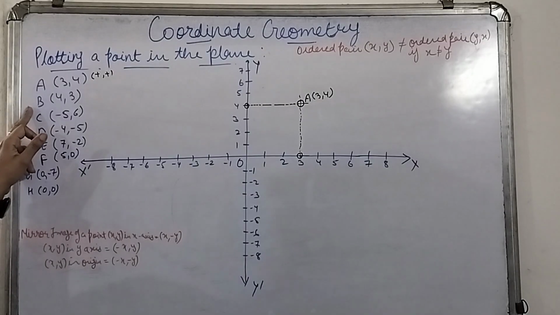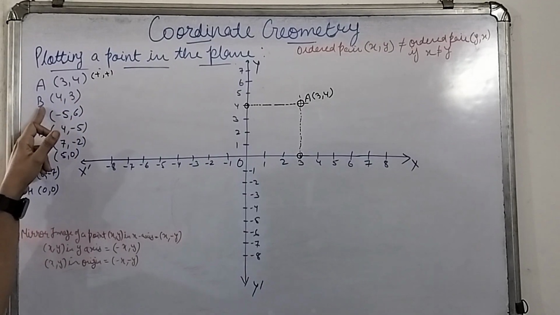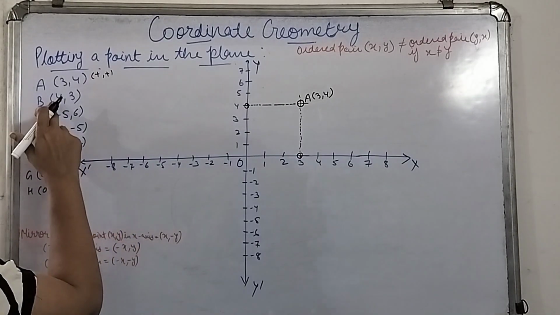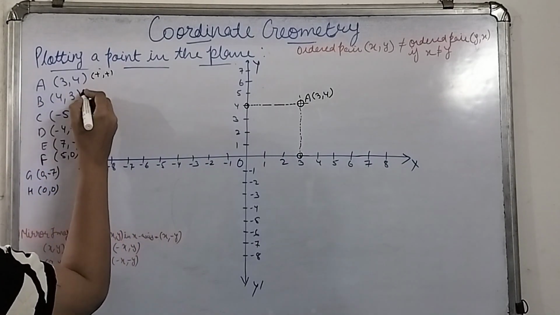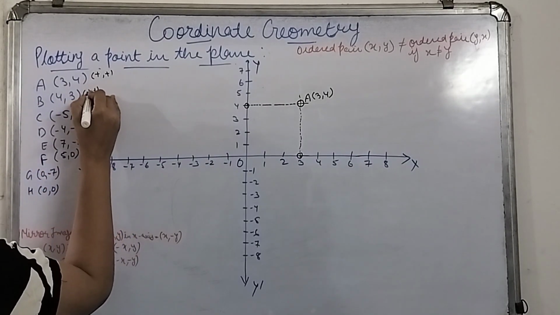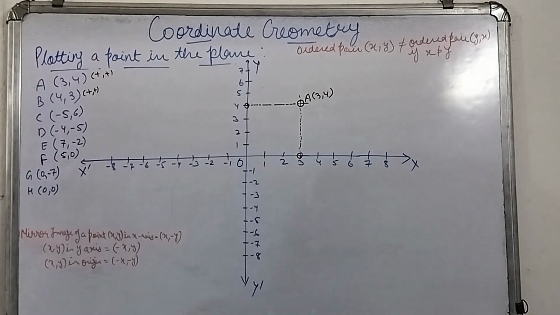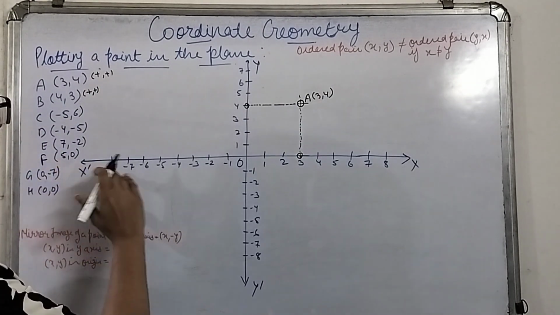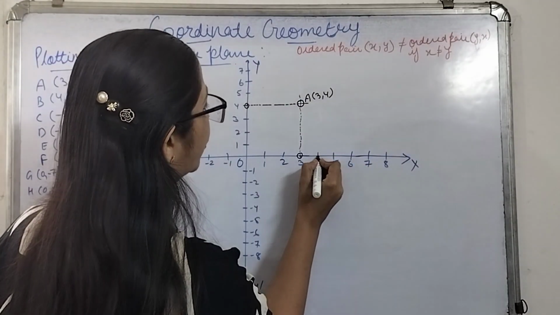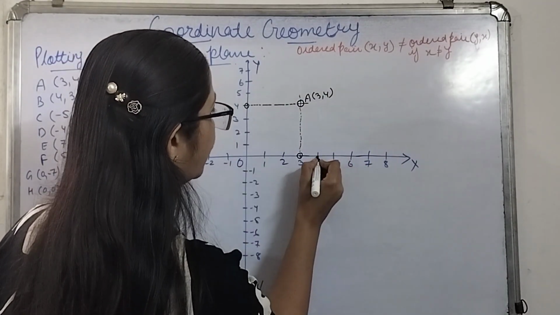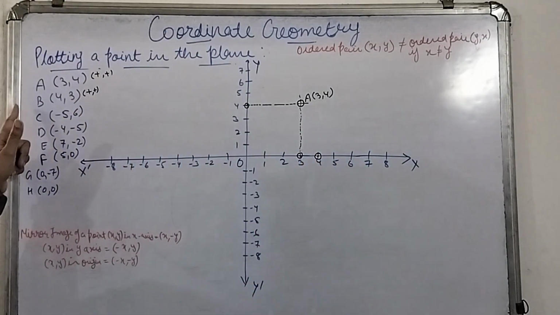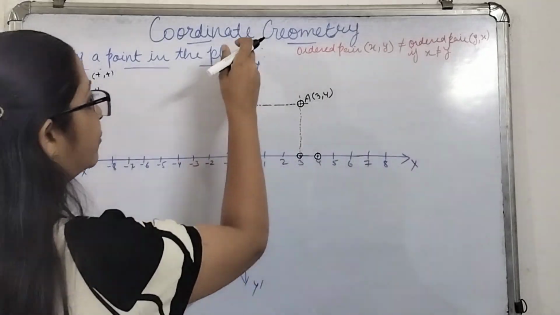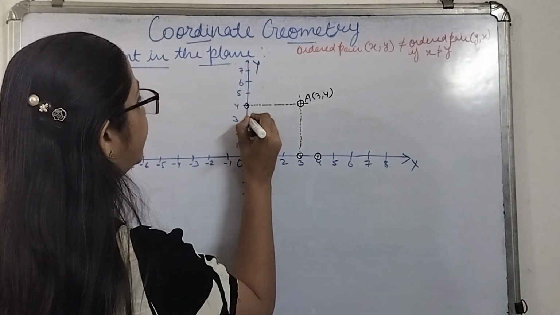Now the second point is 4, 3. This is the point B whose coordinates are 4, 3. Here too we can see that both the x and y coordinates are positive. That means it is going to lie in the first quadrant. Its x-coordinate is 4, so on the x-axis we mark positive 4. The y-coordinate is 3, so on the y-axis we mark positive 3.